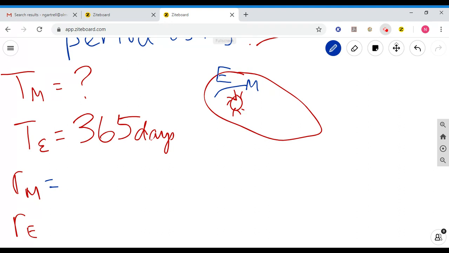We're talking about its orbital distance from the sun, not the size of the planet. The first column says average radius. That's just how far across the planet is. We don't want that.